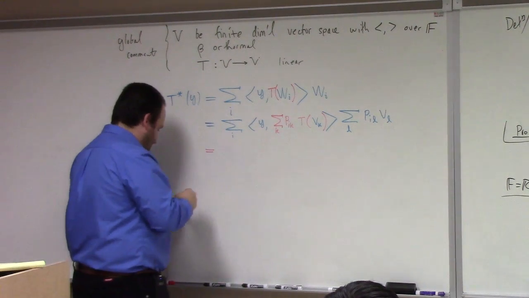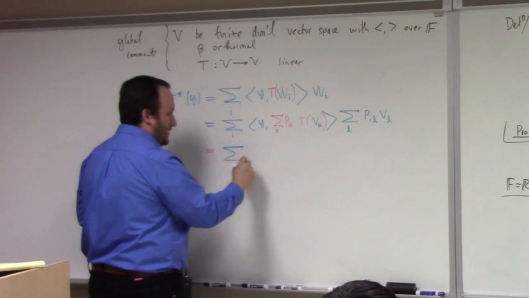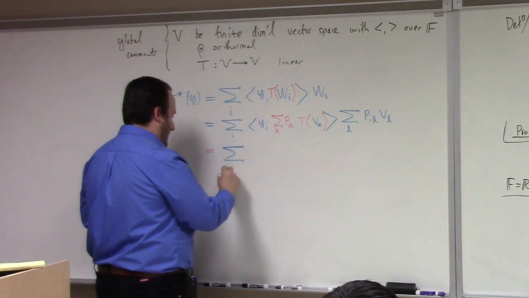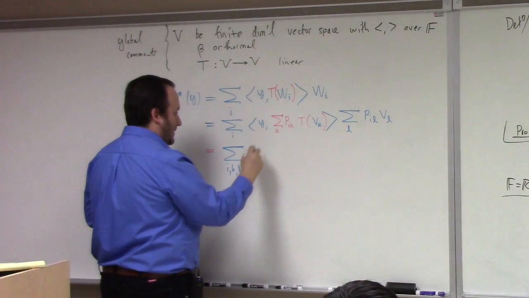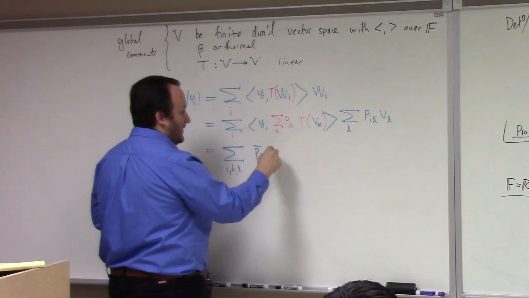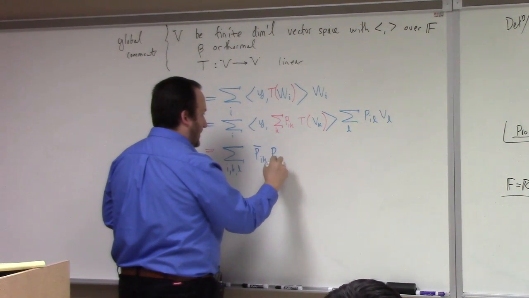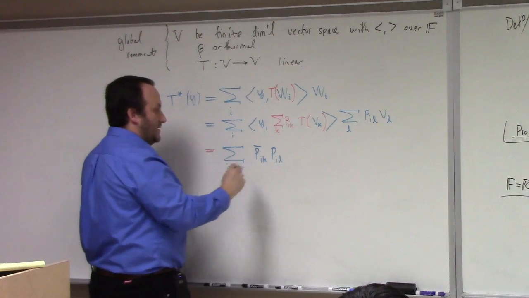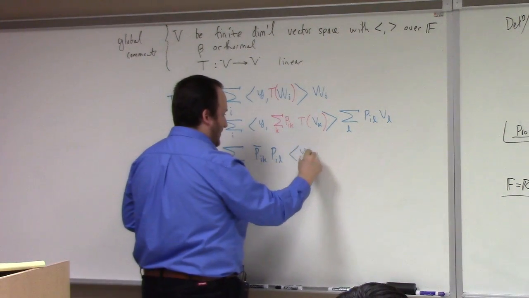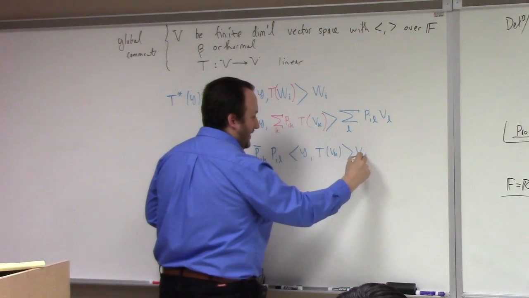And so that gives me a sum over i, k, l. I've got my p conjugate ik, and from that one p_il, and then I've got my y, I've got my T of v_k, and I've got v_l here.